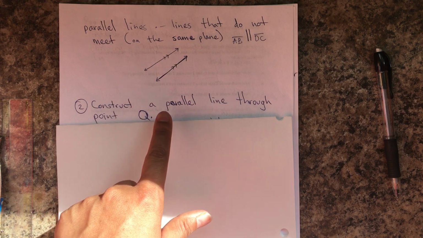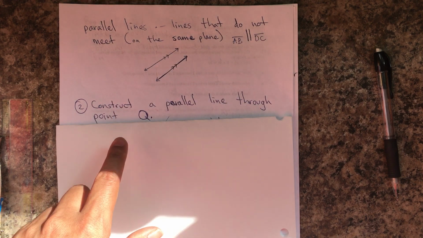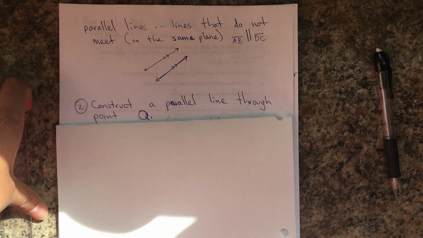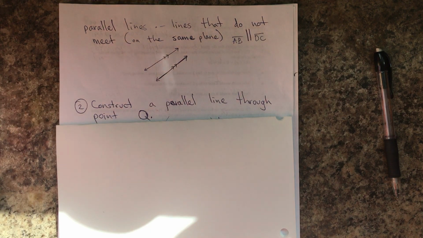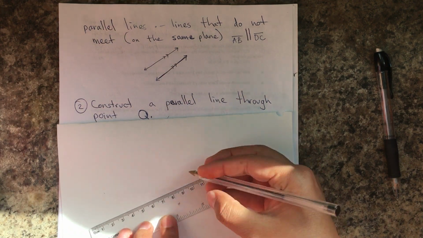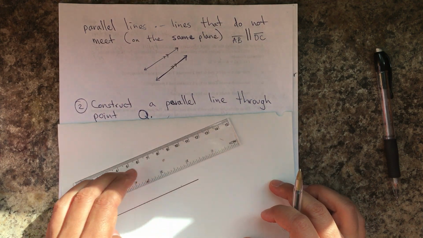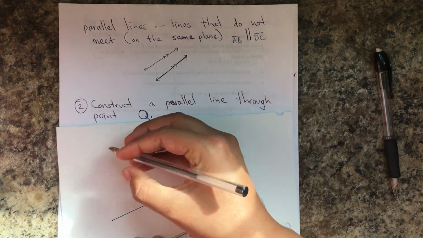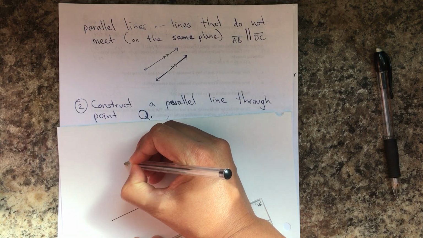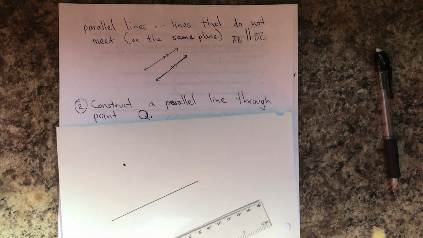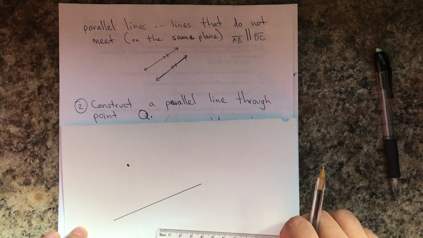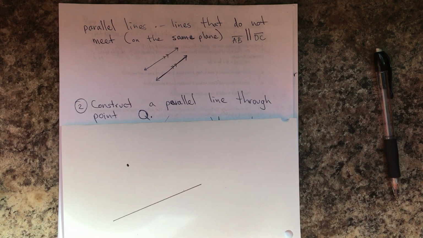So it says construct a parallel line through point Q. Let's say that I have a line and I have a point. Maybe I'll draw it here. What you learned about creating or making congruent angles will be helpful here.